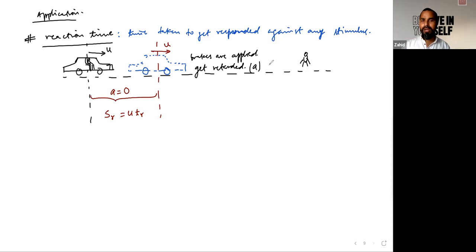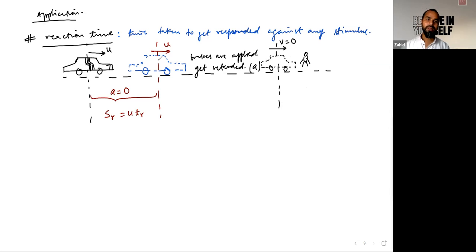So it will stop after covering some amount of distance, let's say at this particular point. At this point, the car has stopped, so the final velocity of the car would be 0.